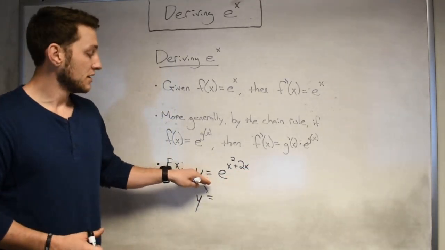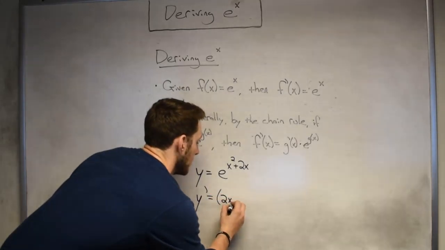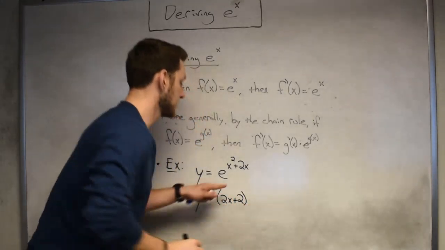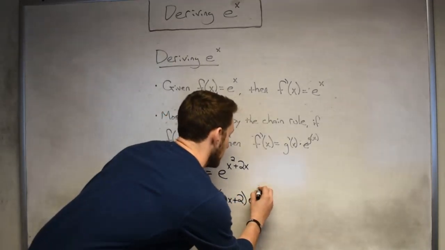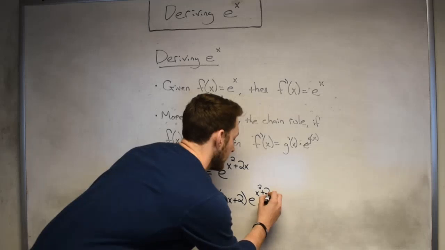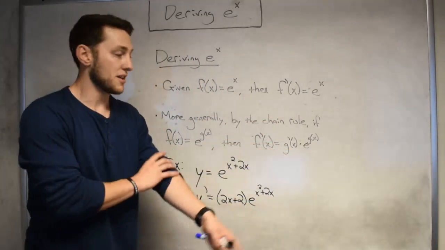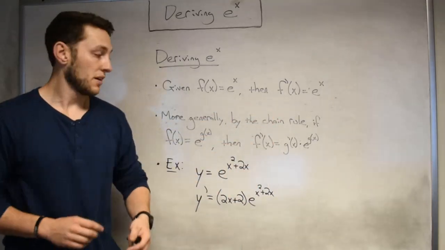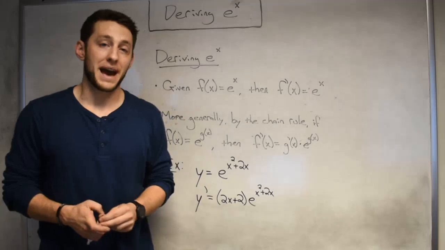Deriving this function will be the derivative of the power, 2x plus 2, times the original thing, e to the x squared plus 2x. And you can actually prove that this rule gives us the earlier rule, because the derivative of x is just 1, which gives you the original thing back.